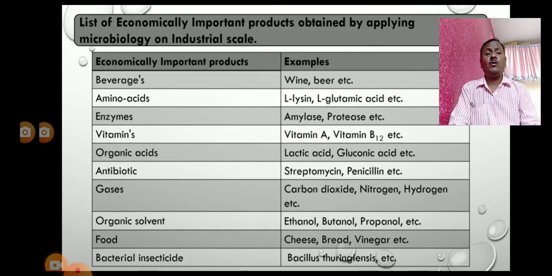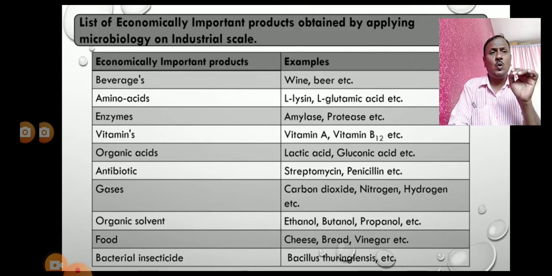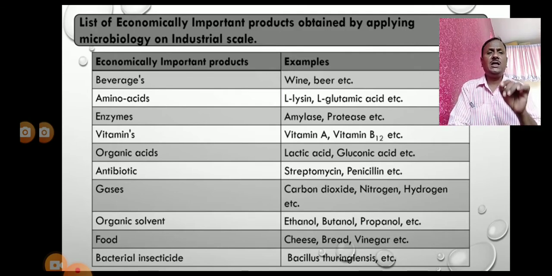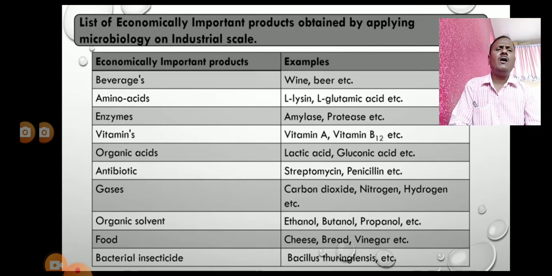Each and every microorganism has its own role; specific industrial products are produced by specific kinds of microorganisms. Apart from that, organic acids like lactic acid, gluconic acid, citric acid, formic acid can be produced by microorganisms.